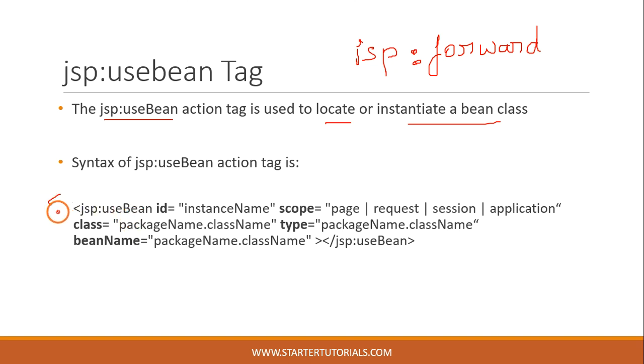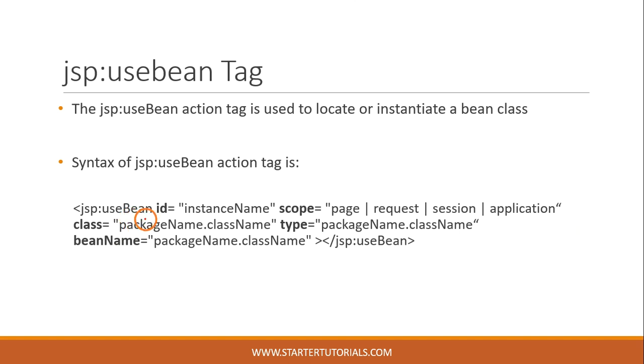This is the syntax for the useBean tag. You start the tag by writing jsp:useBean and you can use different attributes. One attribute is id, which is used to give a name to the bean. The second attribute is scope. The third attribute is class.